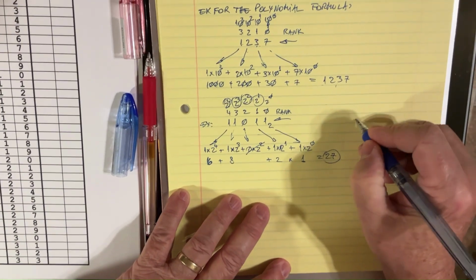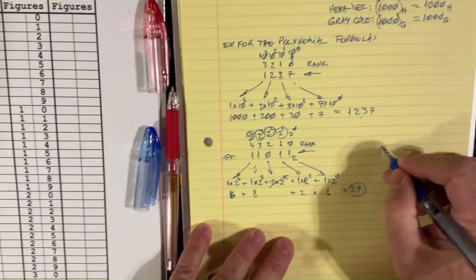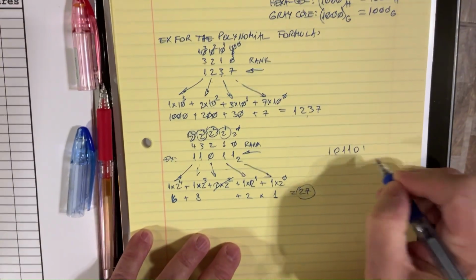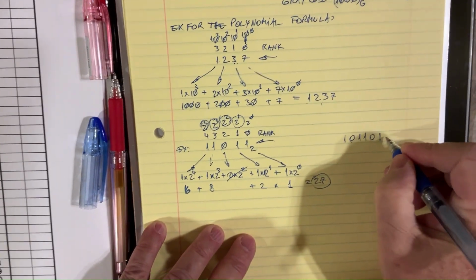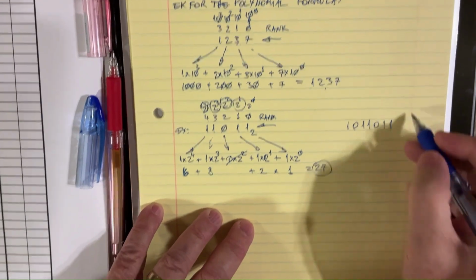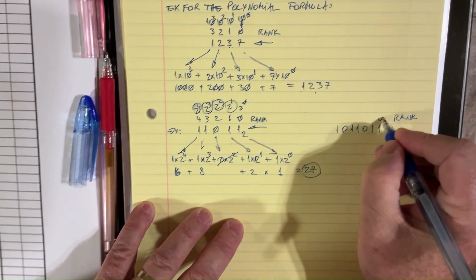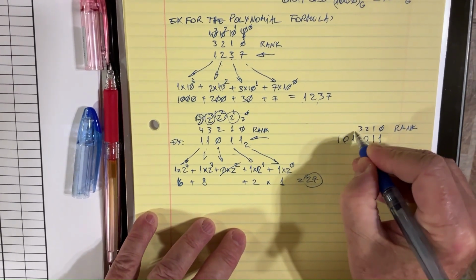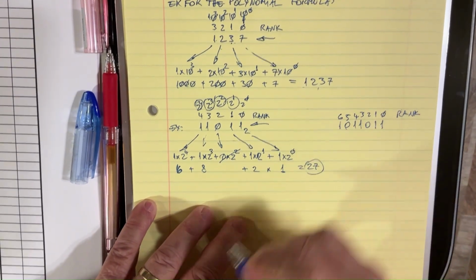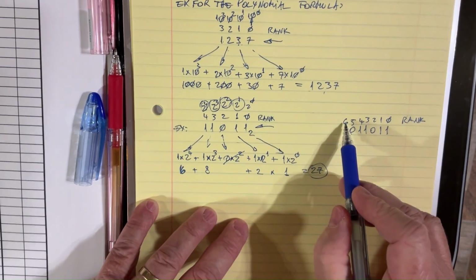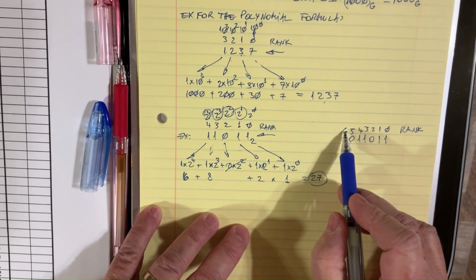Let's pick up another one. Let's pick up a longer number, 101101. And one more rank: 0, 1, 2, 3, 4, 5, and 6. So now, the 6 here is going to represent the binary of the 6th power.